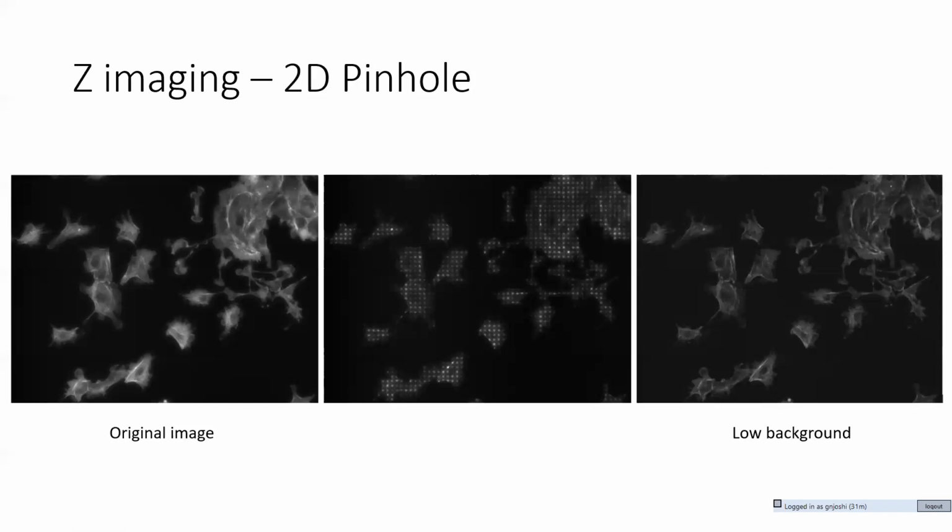So depending on the exposure time that you are having, your sample will be exposed to the fluorescent light for that amount of time. And doing a Z-sectioning with either 1D slit or 2D pinhole also increases the time because the system has to acquire multiple images.